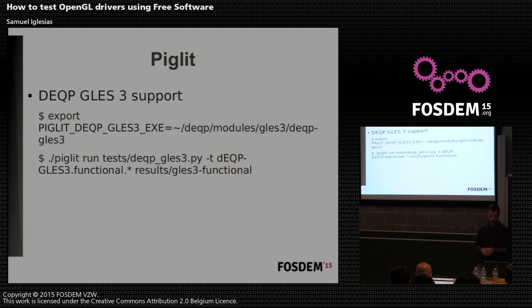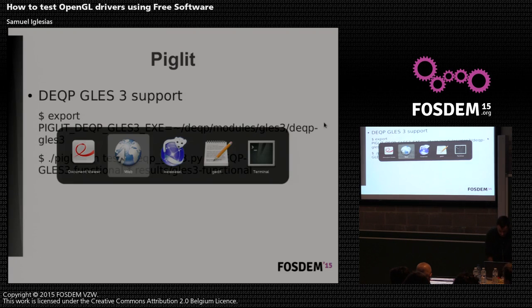and then following the same way that we already saw, you just specify the DQP GLES3 profile, then following the examples of the few slides before, the same functional OpenGL ES3 tests, and then you save it in a JSON format file.